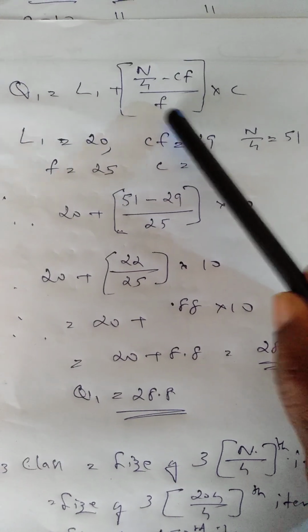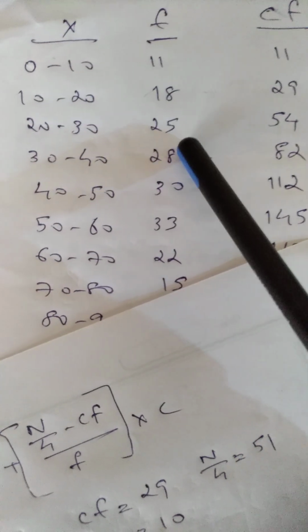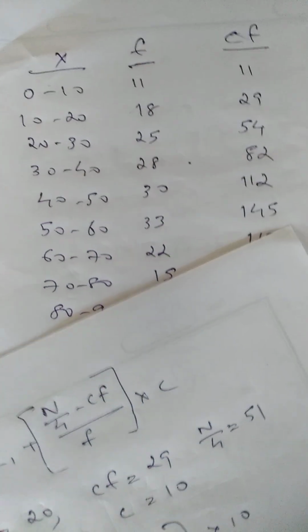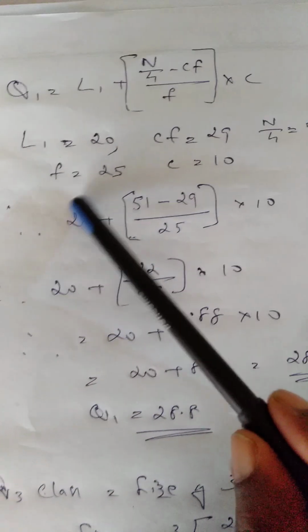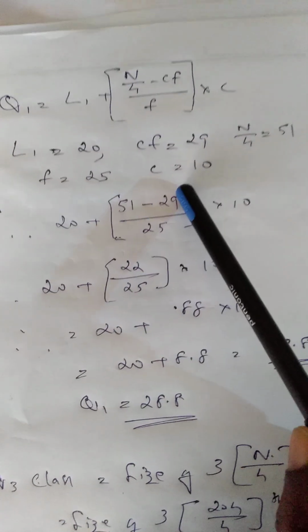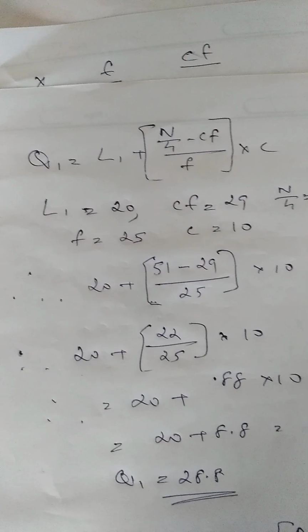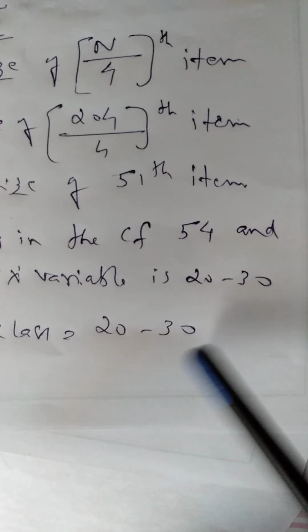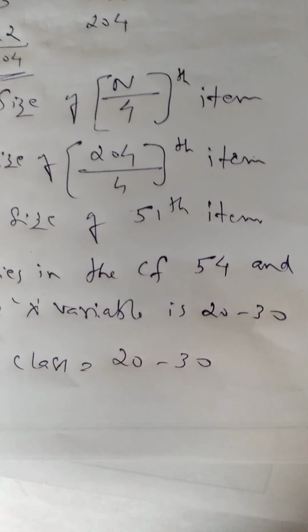Then the f value, the frequency of the Q1 class, is 25. So 25 is the frequency. Then C means class difference. For the Q1 class 20-30, the difference is 10. So 10 is the class difference.